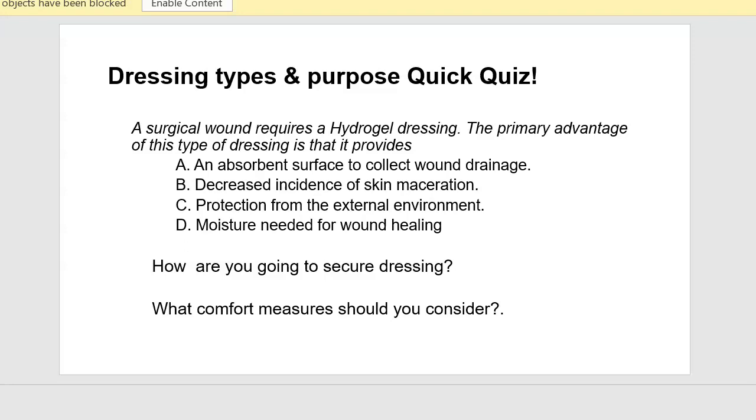That's one you'll see often in long-term care. We have alginates like Aquacel or Convatec type of dressing. So those are examples of dressings that absorb drainage from wounds. We also want to make sure that we immobilize the dressing, that it's taped on, it's not going to fall off.